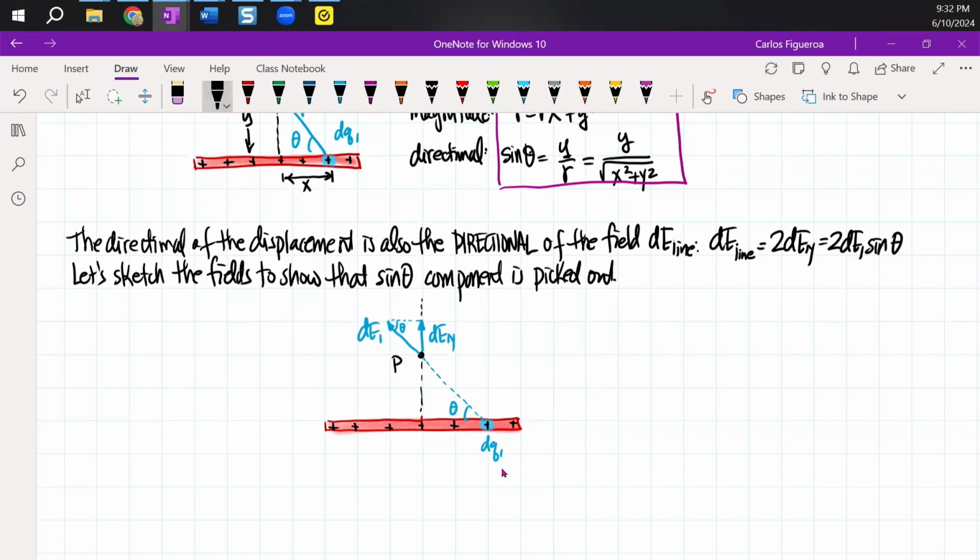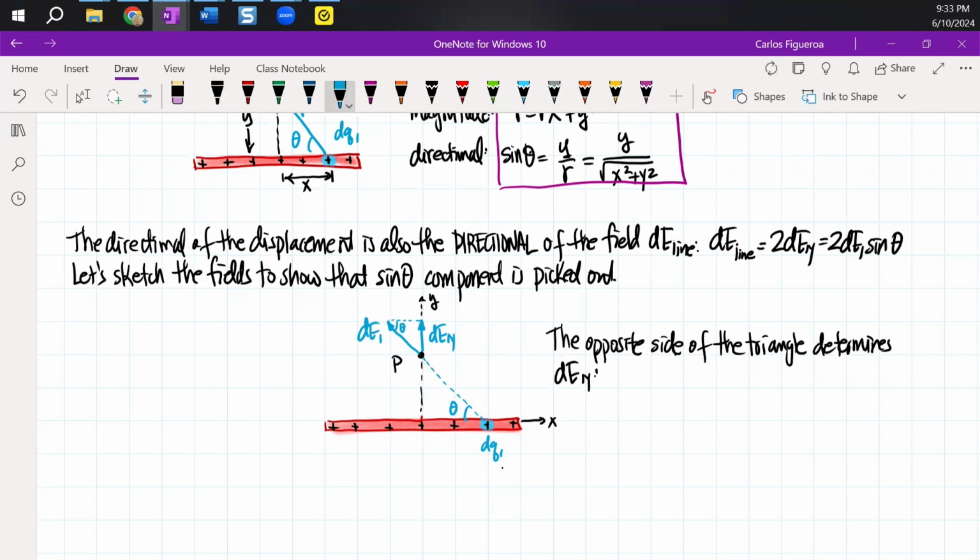So when I look at this thing, I'm seeing that this is d1y, again, because that's the y-axis. This is the x. So you can see here from this triangle that the opposite side of the triangle determines dE1y.